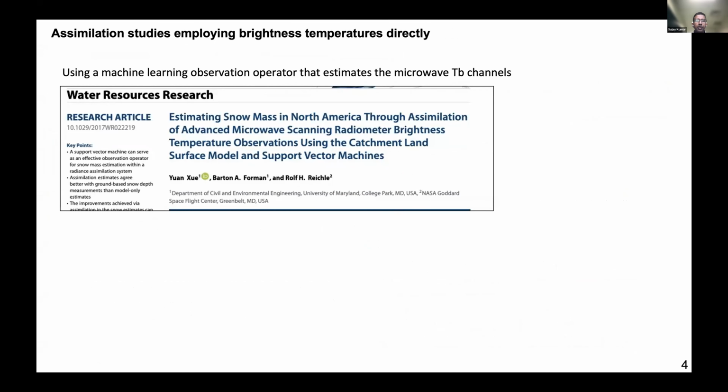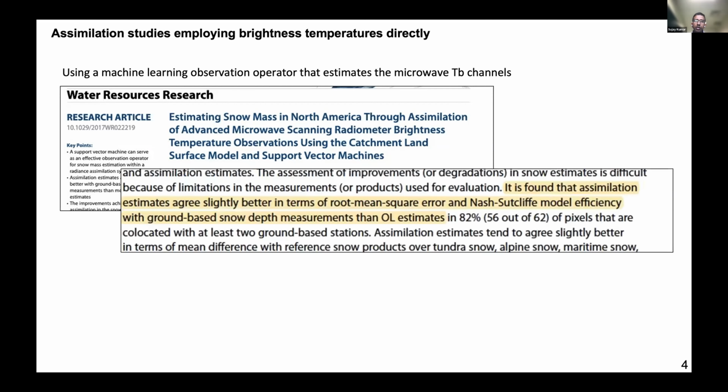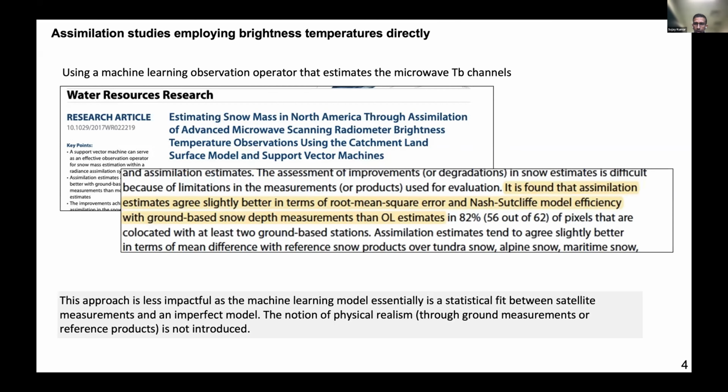These simple approaches are inherently likely to be limited in capturing the significant heterogeneity and complexity of snow. So folks have tried to get around this by using machine learning approaches as observation operators to work directly with microwave radiances. But these methods have also shown little utility, primarily because they use machine learning as a statistical fit between your imperfect model and satellite measurements.